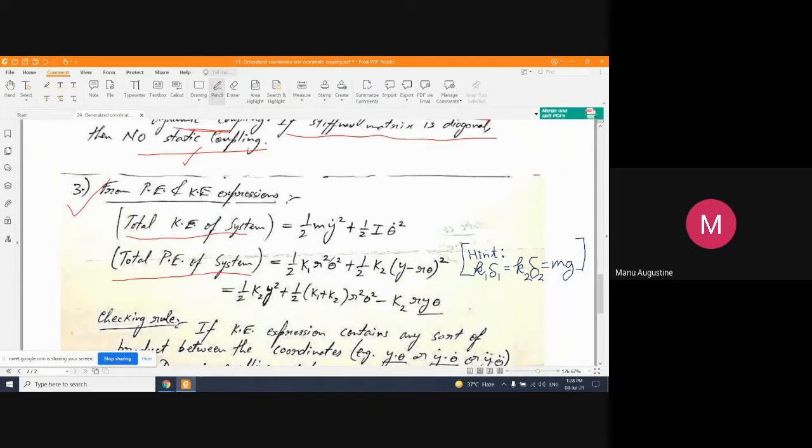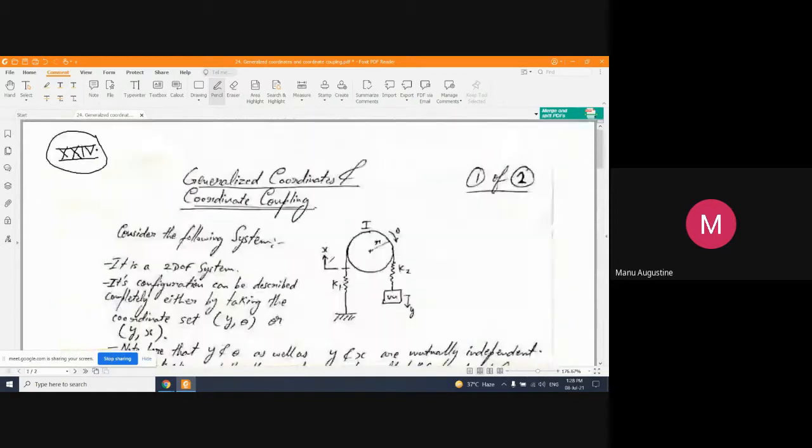What is the total kinetic energy of the system? Kinetic energy is very easy to make. If you are claiming that your instantaneous displacement of mass m is y, then it's very easy to say that the instantaneous velocity would be y dot. Just put a variable like that. And if you say that the instantaneous angular displacement of your disk is theta, what is the instantaneous velocity?